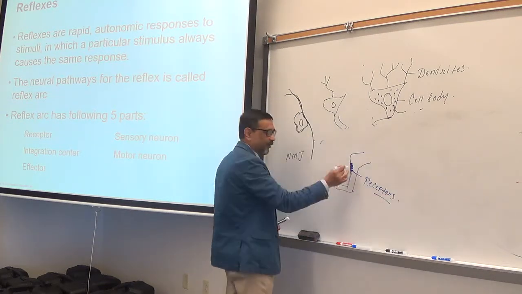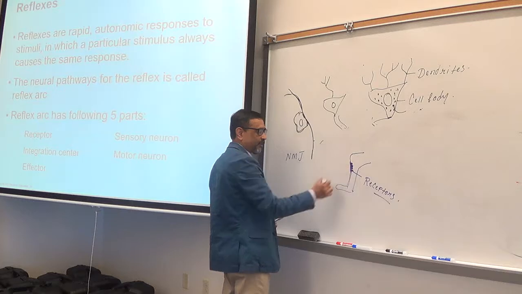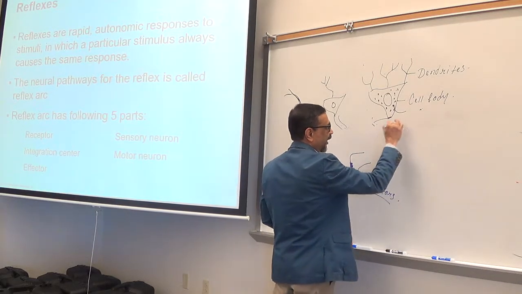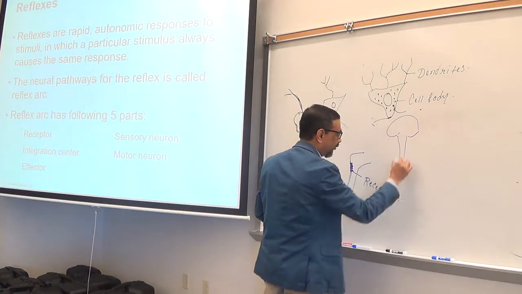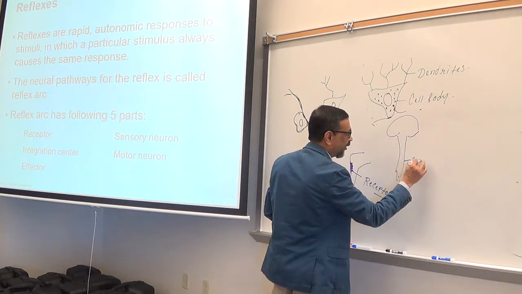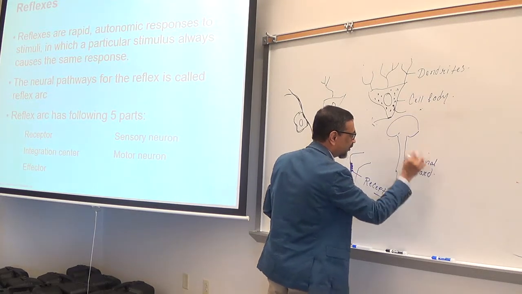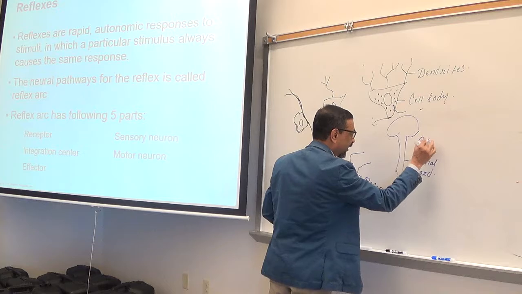In the ligament you have the receptors, and this is your brain and the spinal cord, or central nervous system, whatever you say.